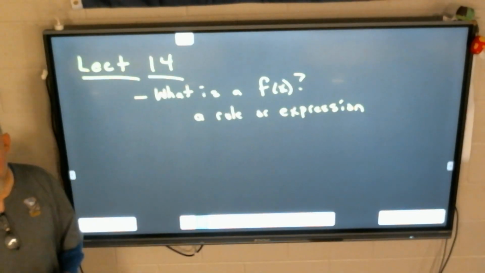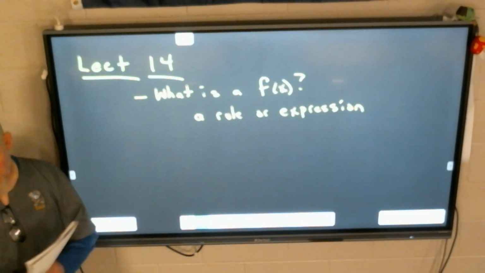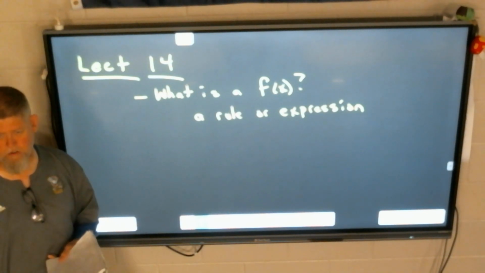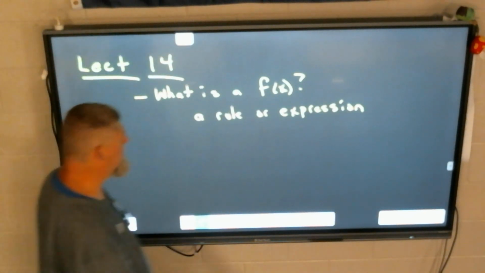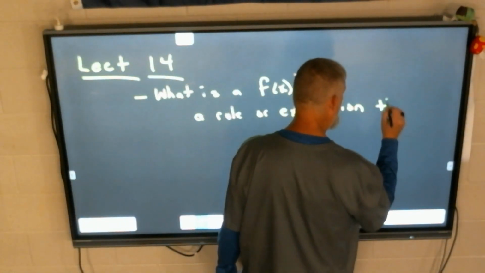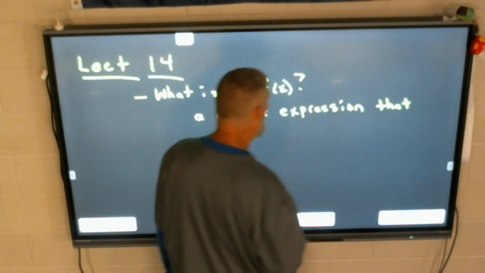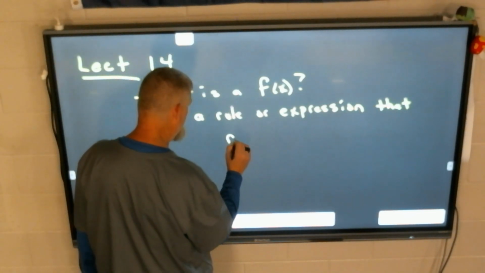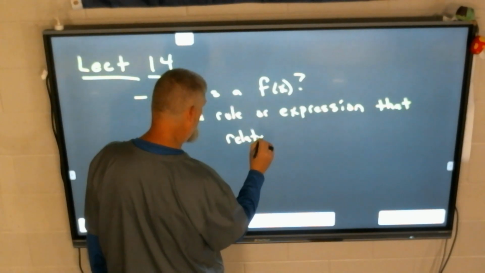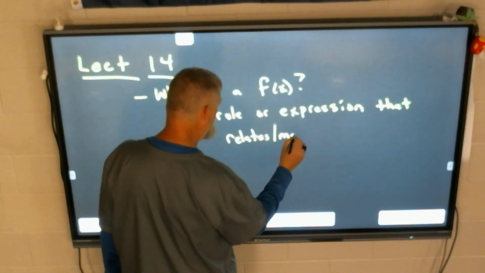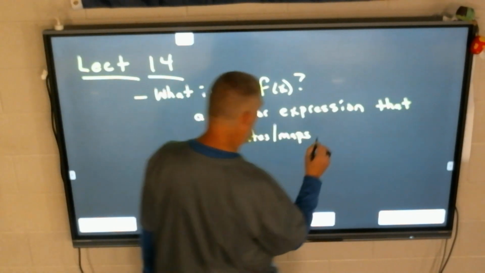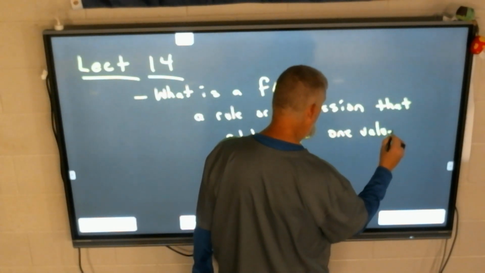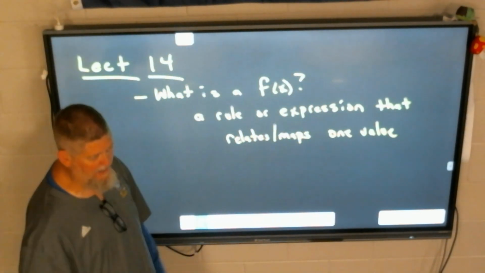So you might want to write this stuff down. Once again, notate as much as you can. You don't want to write down every word, but write something you understand so you can use it in the quiz. So it's a rule or expression that, and there's lots of words we could put here, relates or maps one value.